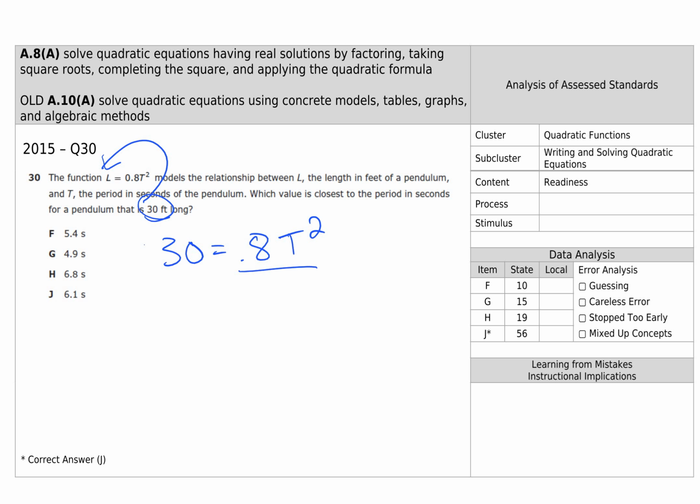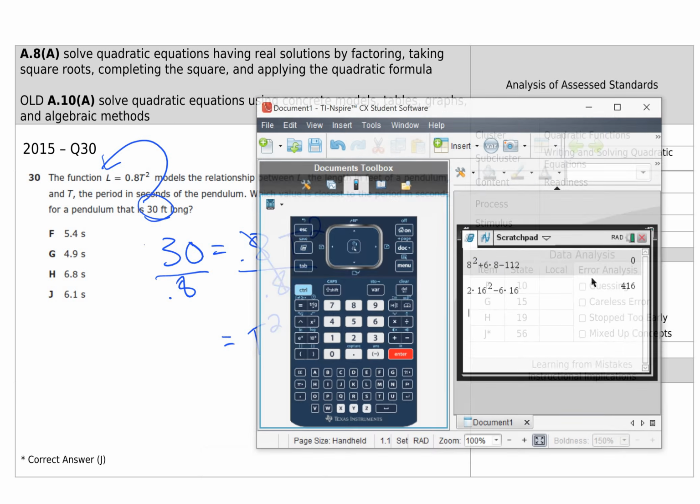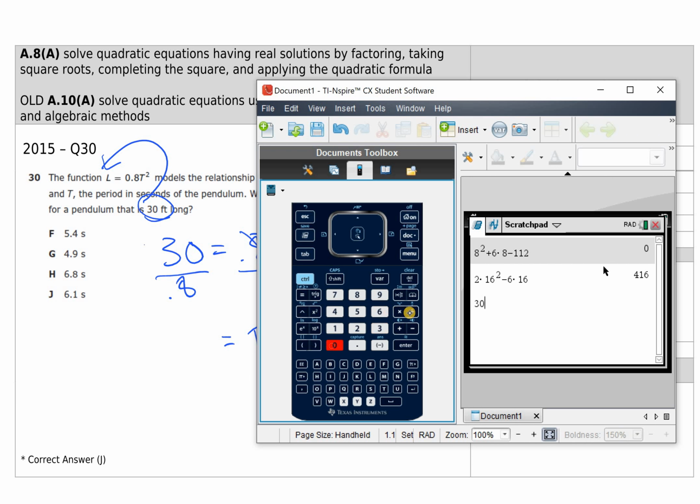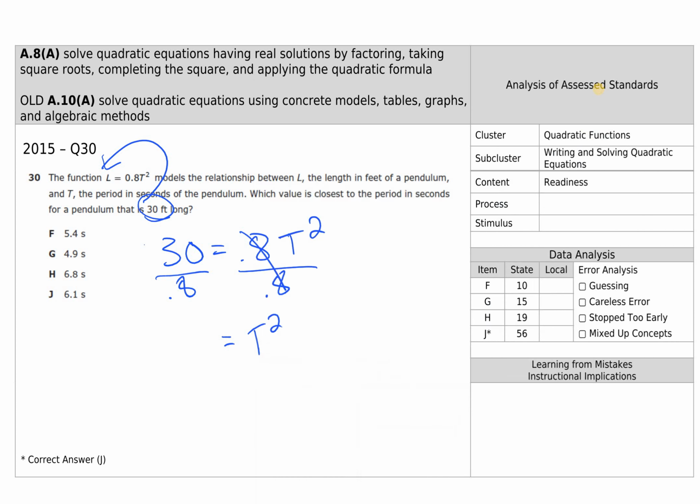We need to divide by 0.8 to get rid of that 0.8. If we do it on one side, we have to do it on both sides. T squared is equal to 30 divided by 0.8, which is 37.5. We square root both sides.